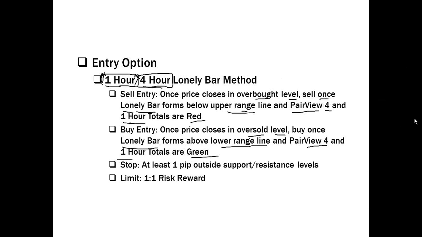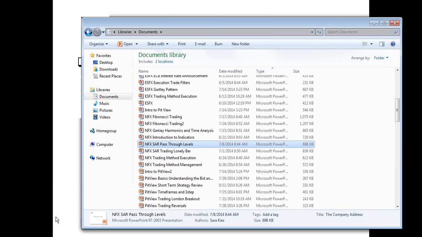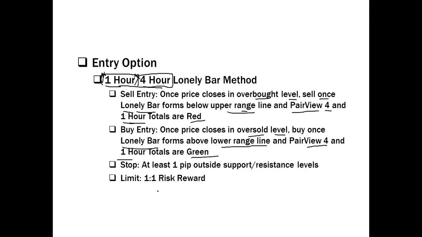What if the 4 and 1 hour PitViews disagree? One of the reasons why I show this quite often to my students, and why I started using PitView to begin with, is that you can use it as an actual confirmation.